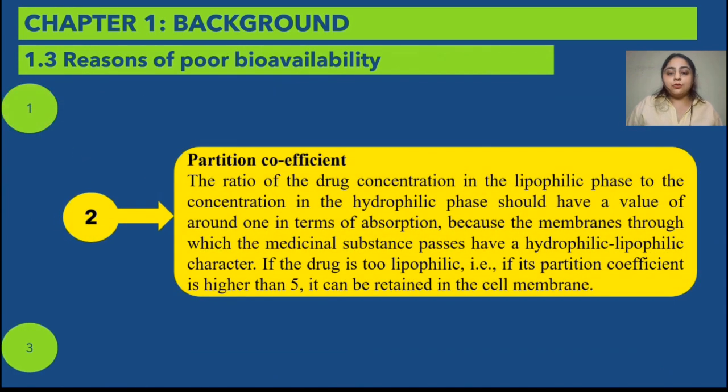Next is partition coefficient. We know that our whole body consists of hydrophilic as well as lipophilic parts, but most of it is hydrophilic. So we need to have the value of partition coefficient in between. If it is too lipophilic, then it will be retained in the cell membrane and won't pass forward.